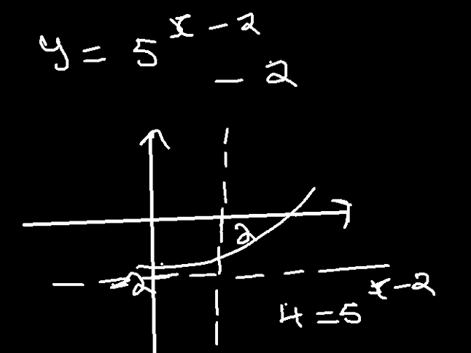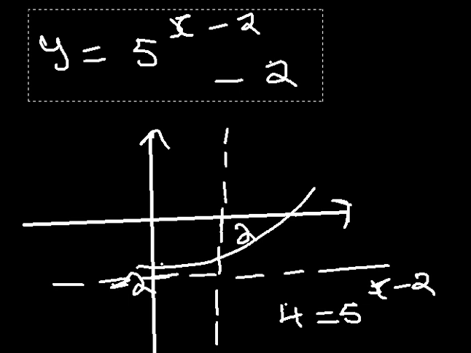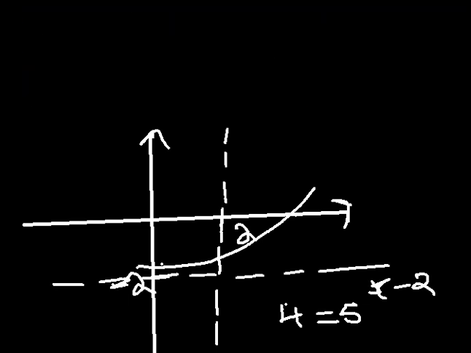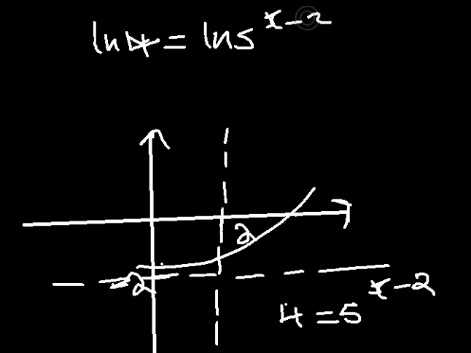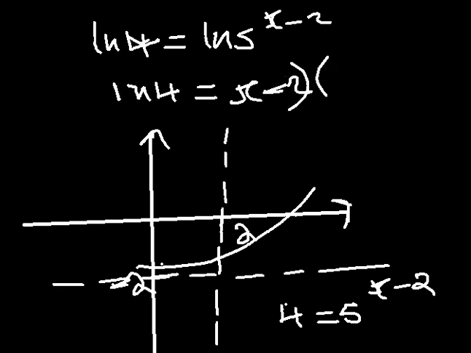That will be given as ln 4 is equal to ln 5 to the power x minus 2, and that will be the same as ln 4 is equal to x minus 2 times ln 5.